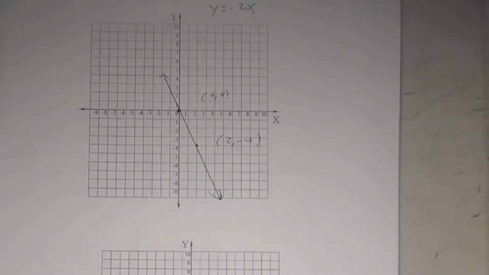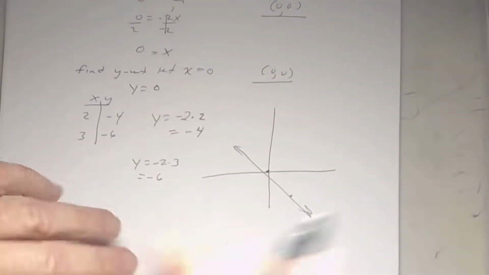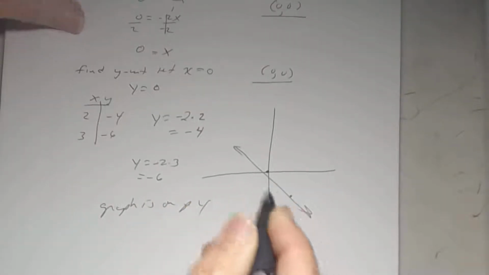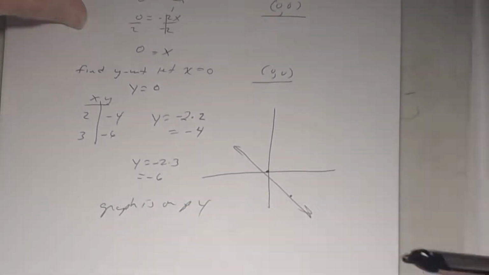All right. And let's see. I'm trying to make sure I cover everything. Okay. Let's look at this one. Oops. All right. Same thing. You're going to use intercepts. This is going to be number 4.